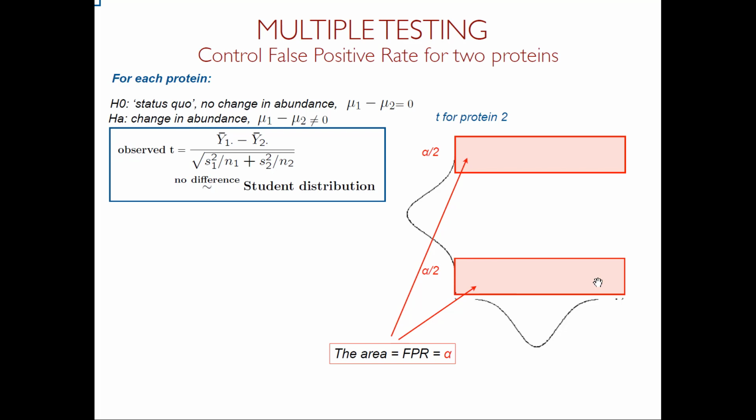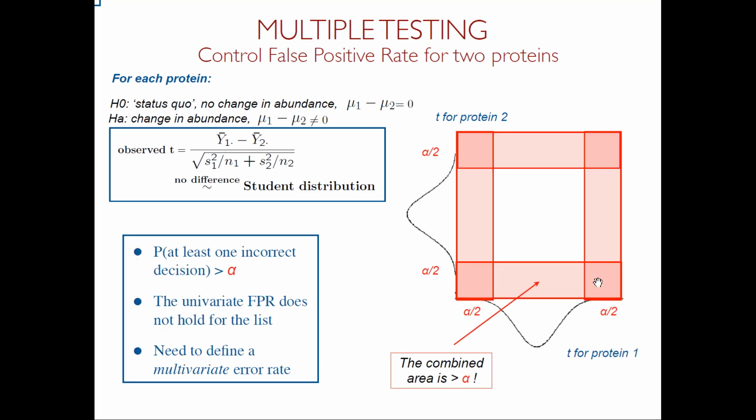But both proteins are in our study. So the probability of at least one false positive in at least one protein is the union of these two areas. And so the probability of this combined area is more than 0.05. And so we keep accumulating this false positive rate.